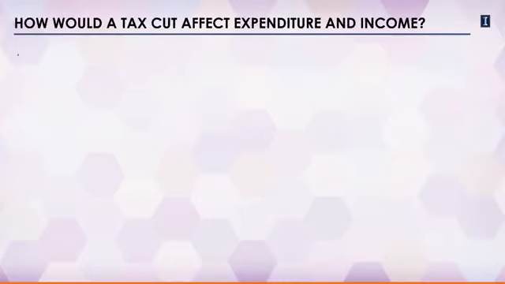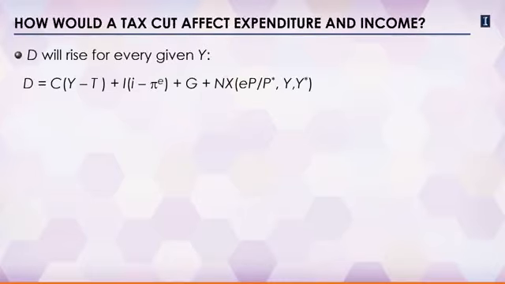Another variable that affects the equilibrium level of income is tax, the amount of taxes. Remember that we're taking taxes as exogenous right now, but even if you're just referring to a fixed tax rate, we're going to get a very similar result. So let's say taxes go down. If taxes go down, that leads to an increase in disposable income, and therefore households can spend more, and that will increase the aggregate expenditure in the economy.